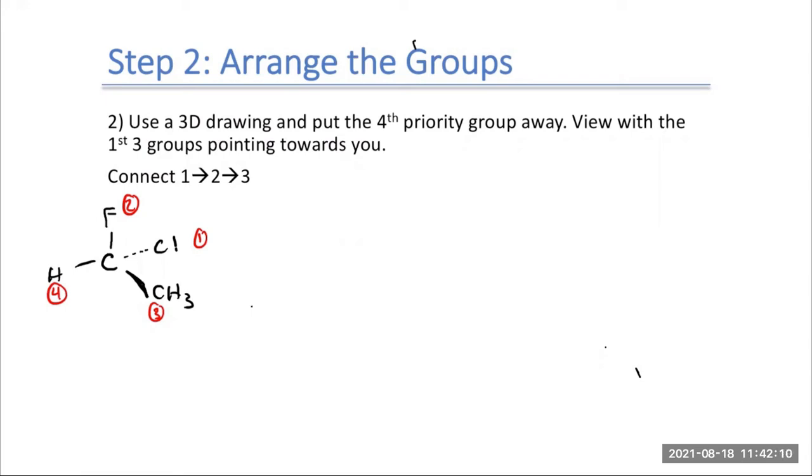Let's say, so if you have your model kit in front of you, grab the top atom. So we're going to grab the fluorine here, hold it in place, and then take the 3 bottom atoms and turn them kind of one click. So what I mean by that is the hydrogen will move over here, the chlorine will move up forward, and the methyl group will move back there.